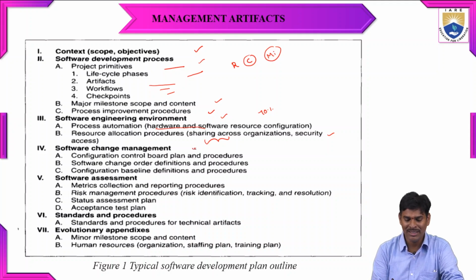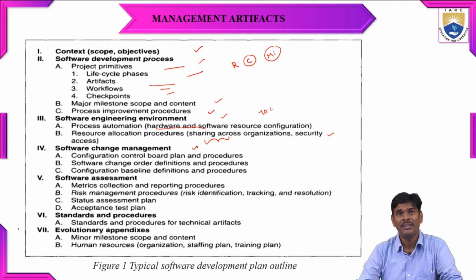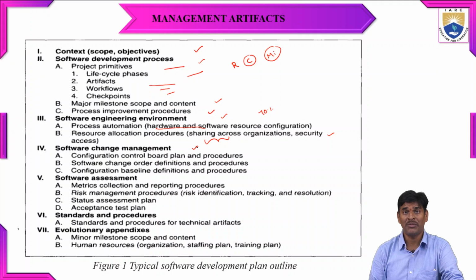The next one is software change management. While planning for software development, they need to verify the different types of software and accordingly update the different software releases. The first one is the configuration control board plan and procedures.